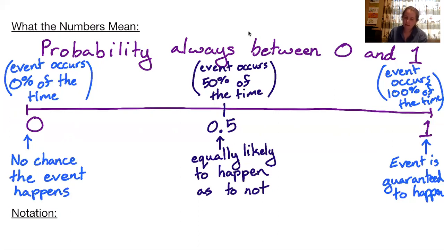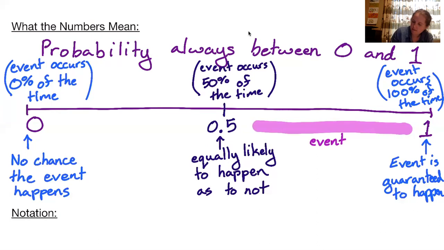Then if we look at the stretch from 0.5 to 1, this is ranging from equally likely to happen as not all the way to the event is guaranteed. So over here, the event is more likely to happen than not.